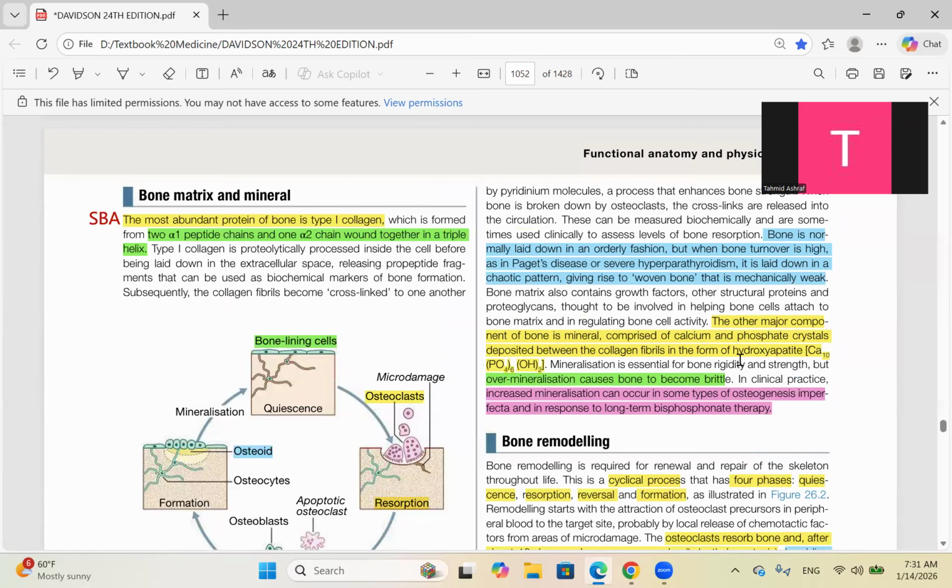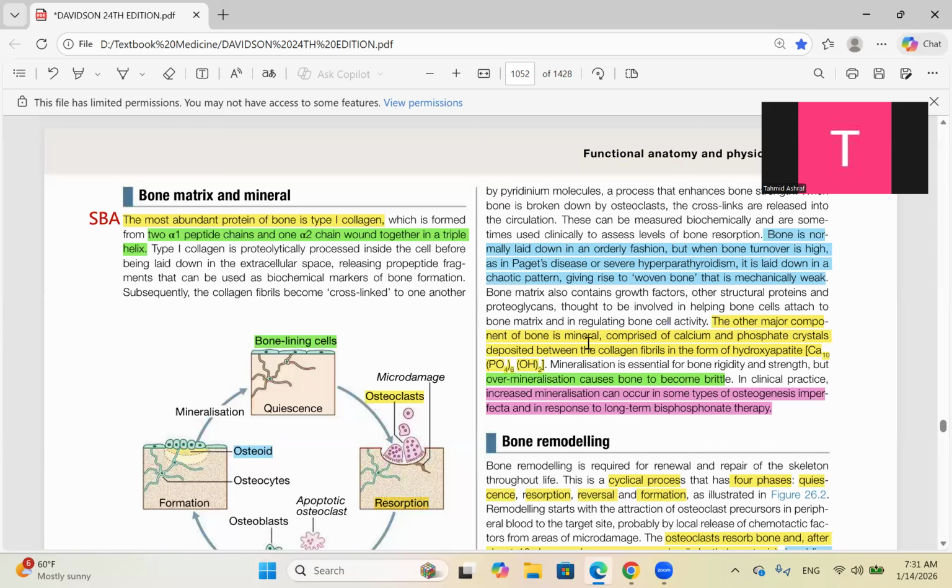Okay, then we'll study this line. Any line that I have highlighted in yellow is very important. In bone mineral, there is deposition of, as I said earlier, calcium. Calcium is a very simple word. As we are medical personnel, we have to learn it more accurately.